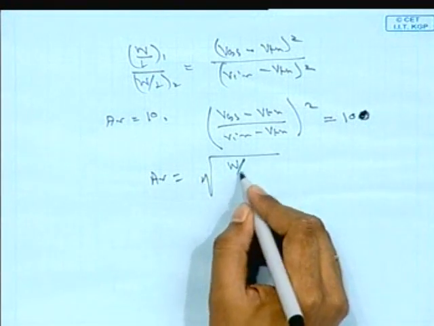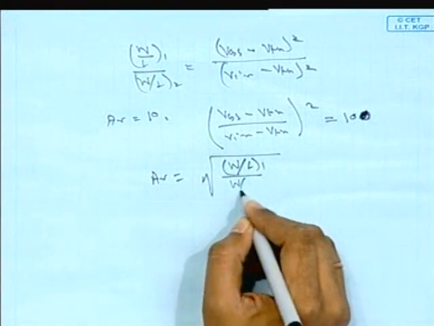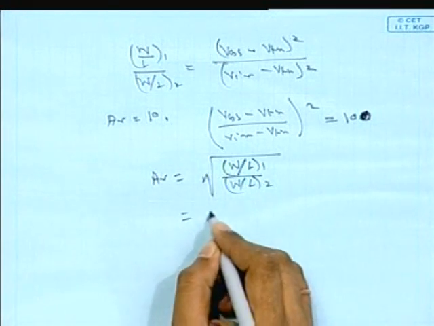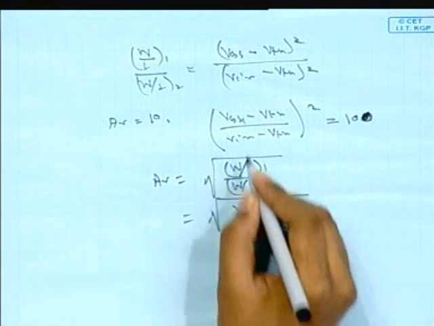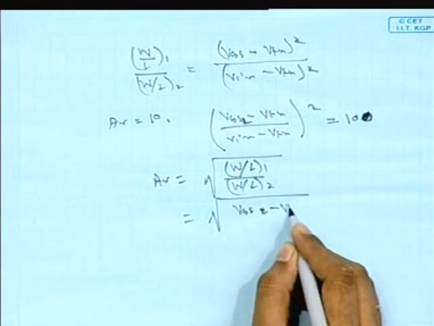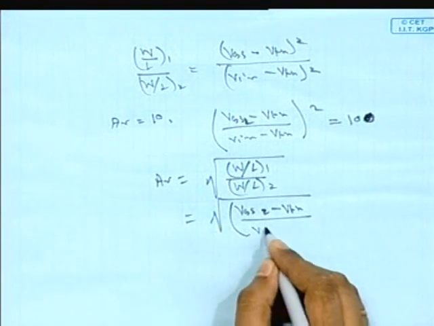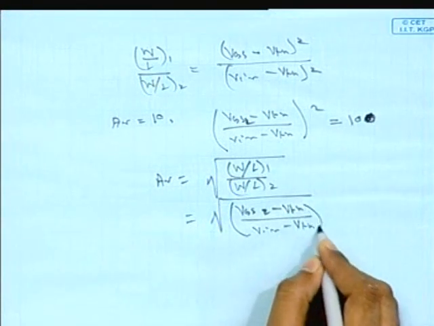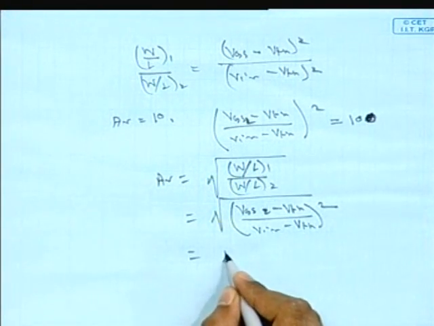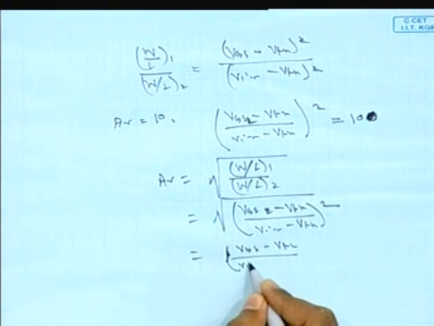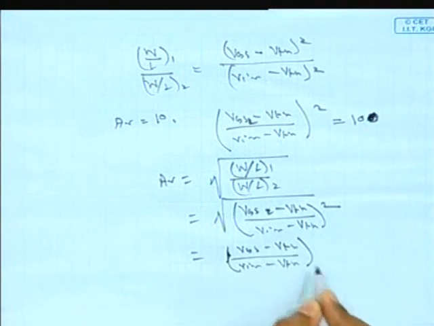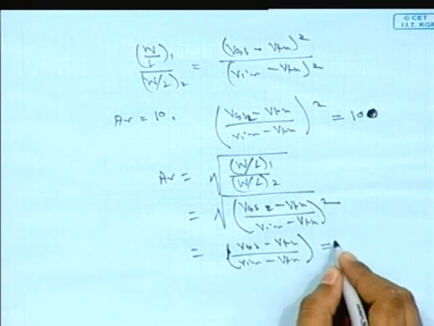This is nothing but W by L 1 by W by L 2, which is nothing but 10.